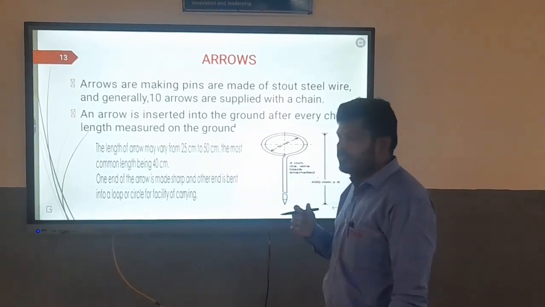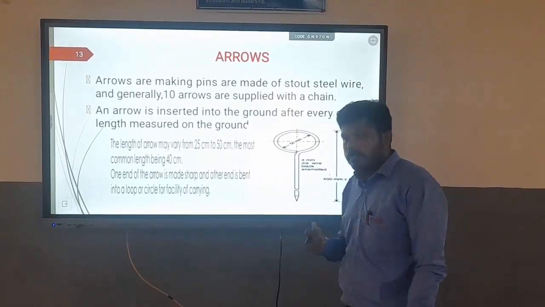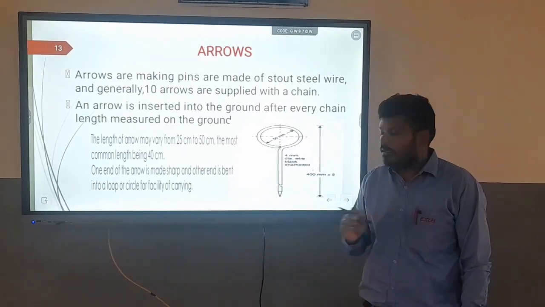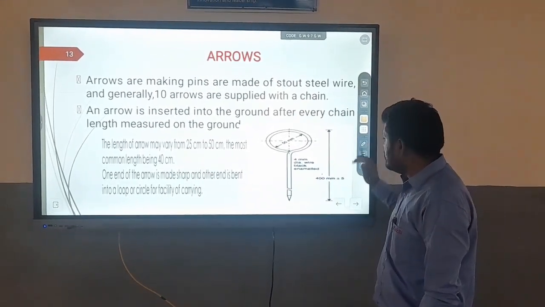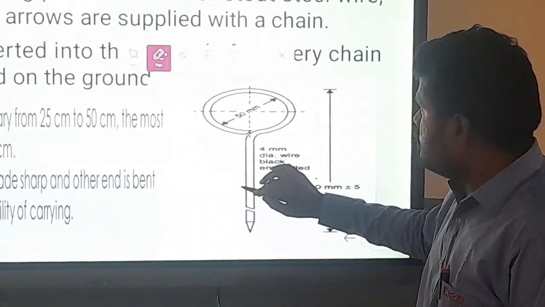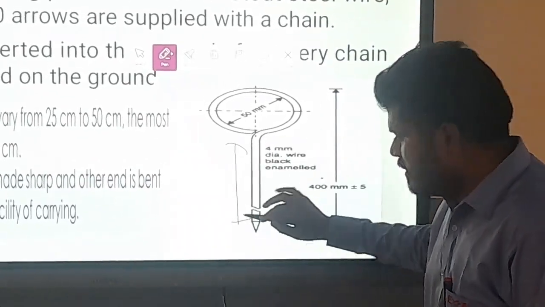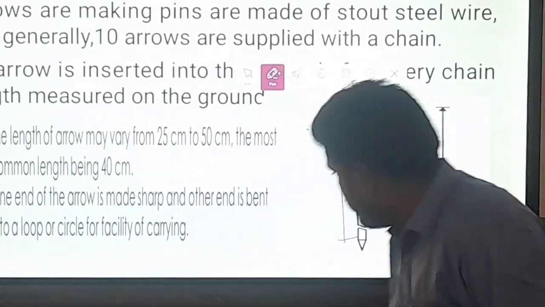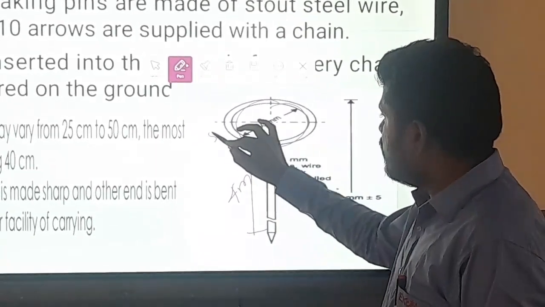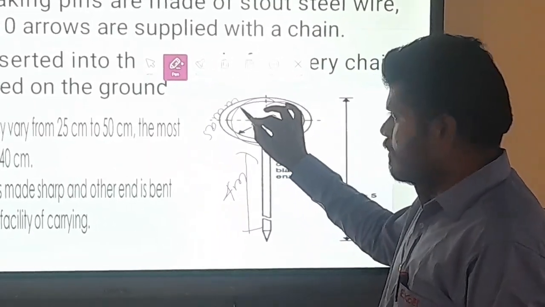And arrows consist of 4 meters in height with a ring diameter of 50 mm. Right? This is the basic example here. This has 4 meters, and the remaining diameter consists of 50 mm.